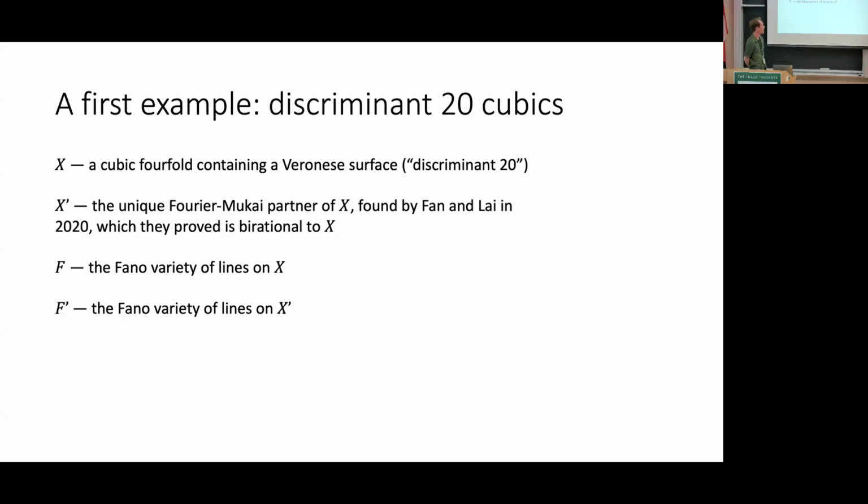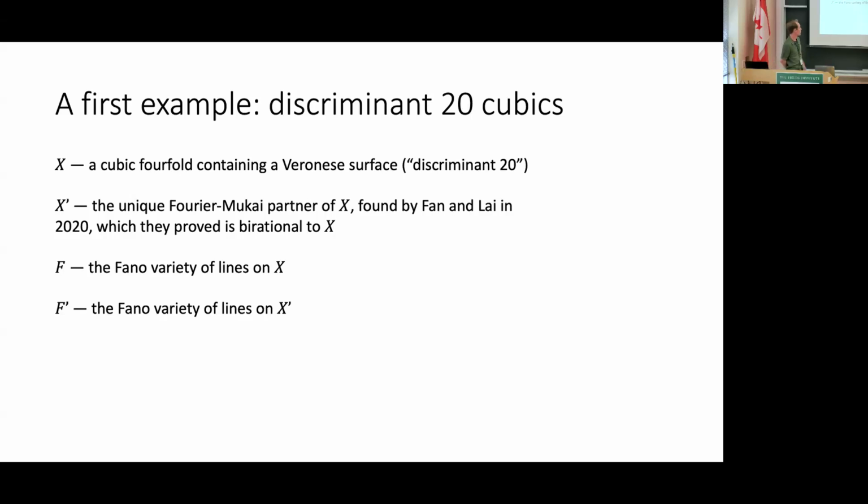And Fan and Lai in 2020 proved that if you have a very general cubic fourfold X of discriminant 20, then there's exactly one other cubic fourfold also of discriminant 20, which we can call X prime, that is a Fourier-Mukai partner of X. So that has something to do with the semi-orthogonal decomposition of the derived category. And also X and X prime are birational. So it's kind of a beautiful example.